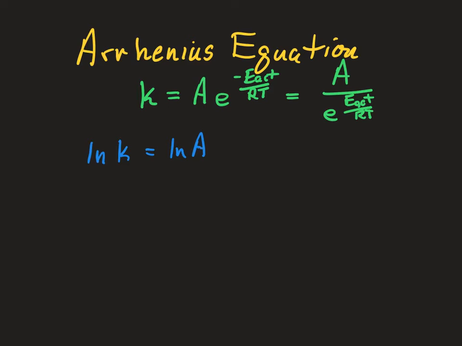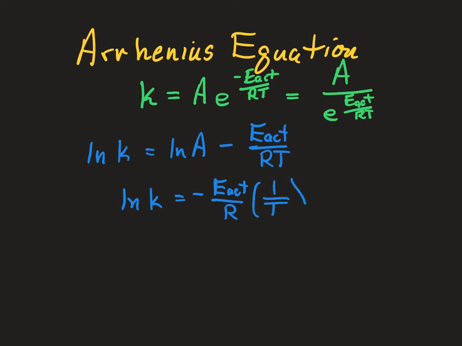Plus the natural log of this term that it's multiplied by, but since it's e, the natural log of that term is just the negative of the activation energy over RT. And if we rearrange that to put it in a linear equation form, then we can get that the natural log of the rate constant is equal to the negative of the activation energy over R times 1 over T plus the natural log of A.